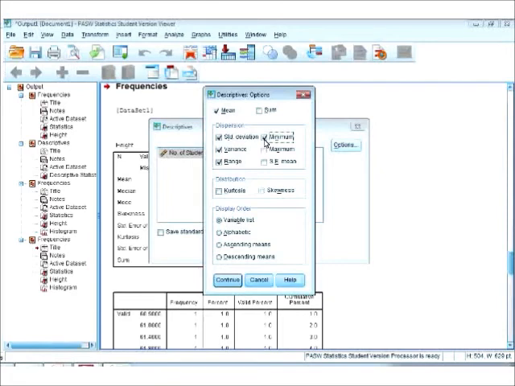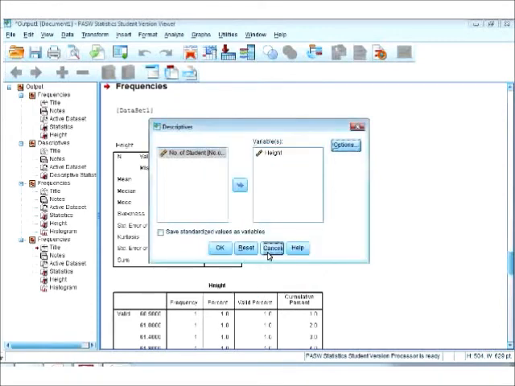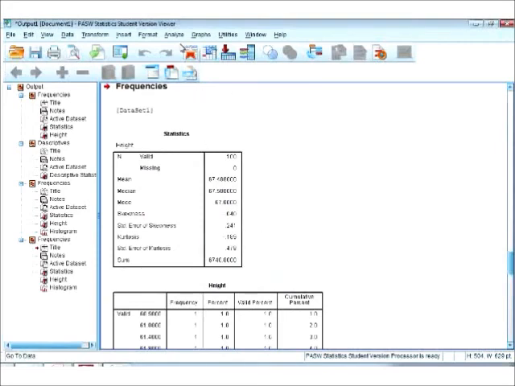However, these are very basic parameters. They tell me this is the minimum height, that is the maximum height, but again, they do not give me a proper idea about the distribution or the overall feel of the data set. These are some of the basic parameters that you can compute using SPSS or Excel as well. However, since we are using SPSS, we are doing a hands-on using it.